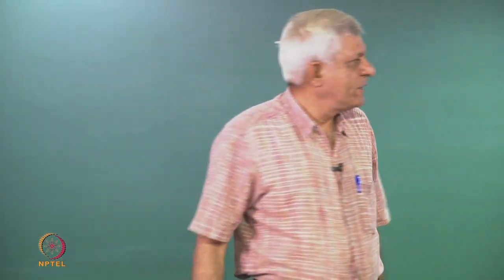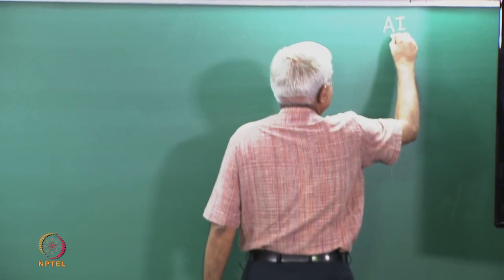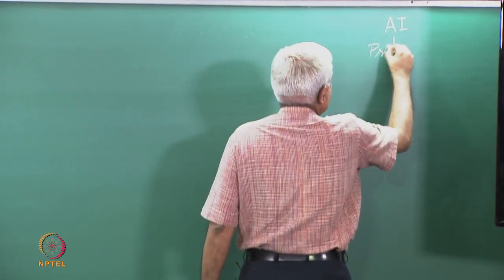So, let me begin by first putting this whole thing into perspective. I will just write this stuff at this end. We are looking at one aspect of AI, which we will call problem solving.